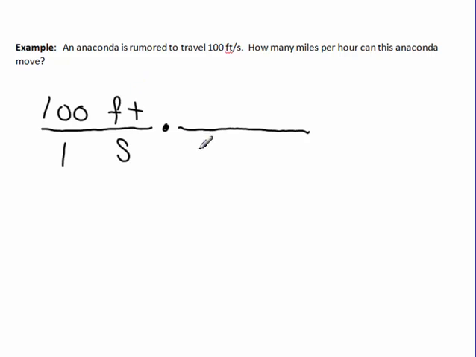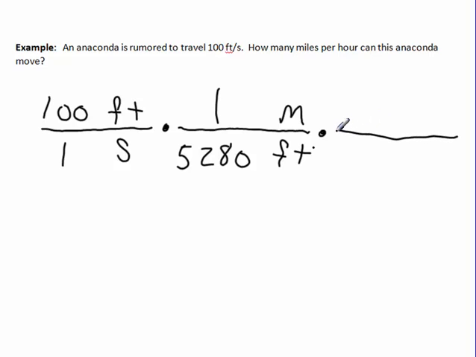So in order to cancel my feet, I need to divide by feet. And so I want to go from feet into miles because I'm looking for miles per hour. So how many feet are in a mile? Well, I'll give you this ratio on the exam if we need it, but it's 5,280 feet for every 1 mile. And now I want to multiply to get rid of my seconds. I need to go from seconds into hours.